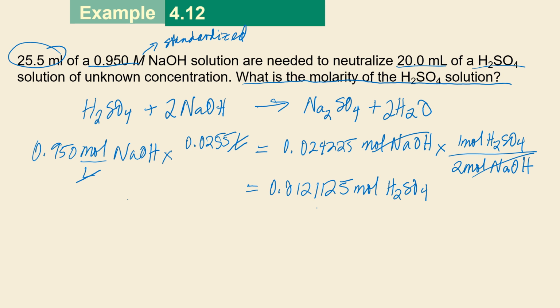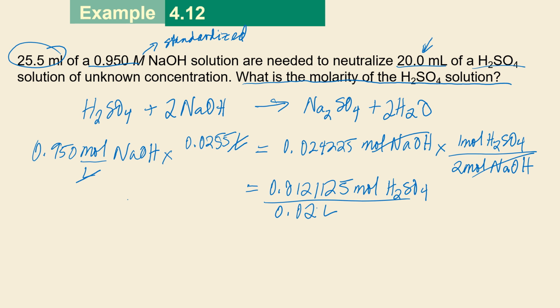Okay, now once again, we know that we had 20 mL of H2SO4. So I'm going to divide this by 0.02 liters in order to get my final answer. And I'm going to find out, 0.01211125 divided by 0.02.